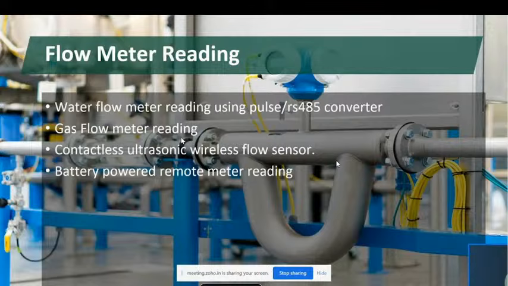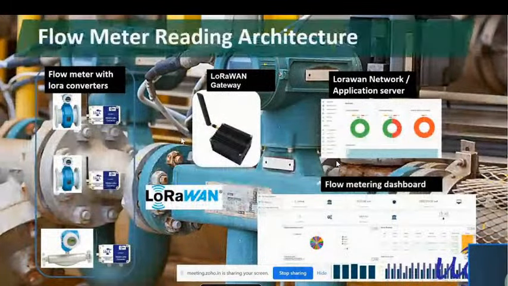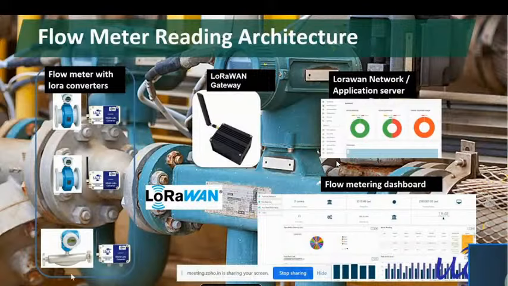We can just send data to the LoRaWAN network, and here is the flow meter reading architecture. So we can have different flow meters that can connect via RS485 or via pulse input. Then they can send data to the LoRaWAN gateway, again the similar LoRaWAN network and application, and then we can send data to flow metering dashboards.